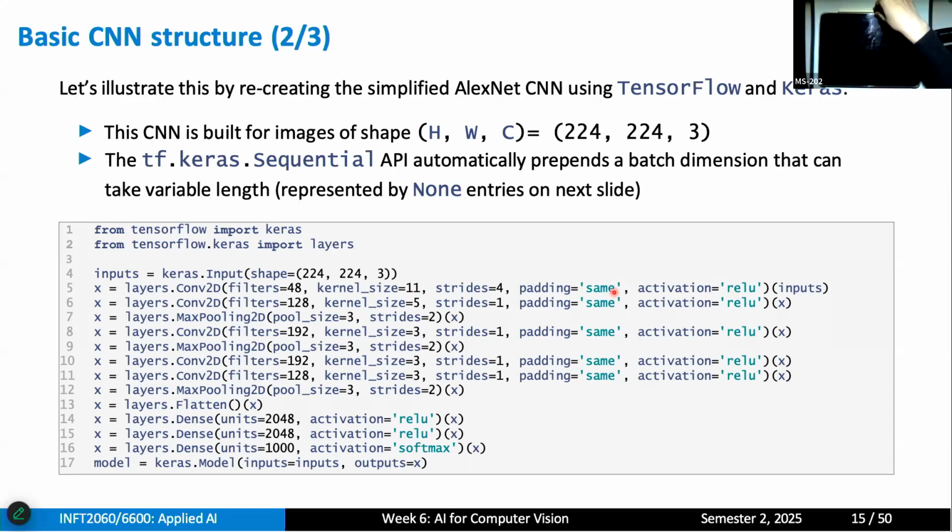I will show you here what the padding means.